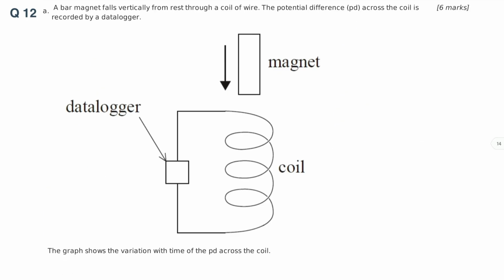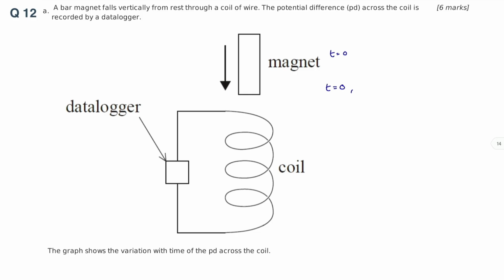A bar magnet falls vertically from rest through a coil of wire. The potential difference across the coil is recorded by a data logger. The graph shows the variation in time of PD across the coil. I'm just going to try and predict what that graph looks like, and talk through it because it'll really solidify this idea of Lenz's law and Faraday's law. Let's say this is t equals 0.